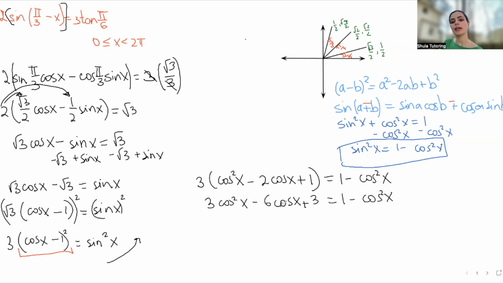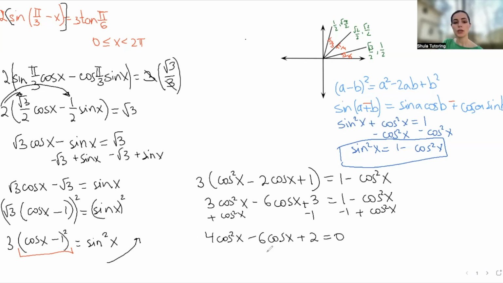At this point, I want to again combine like terms. So to combine like terms, I would have to add cosine squared x to both sides of the equation, and I would have to subtract 1 from both sides of the equation. So let's see what I get. I get 4 cosine squared x minus 6 cosine x plus 2 is equal to 0.